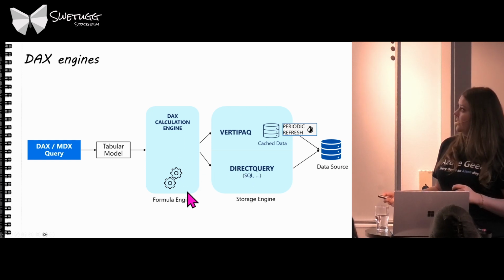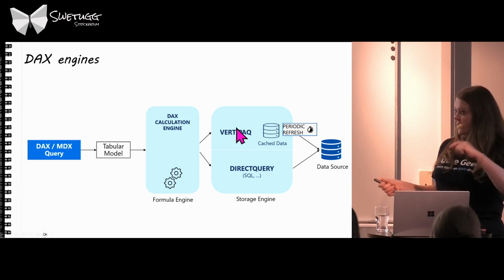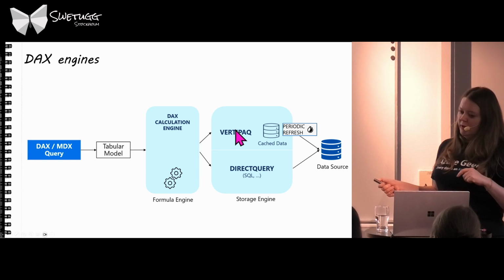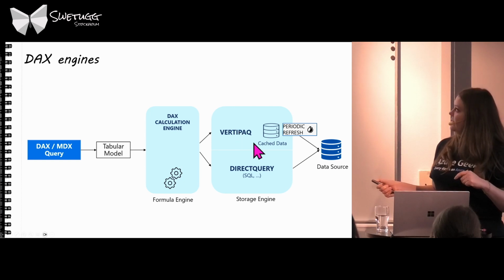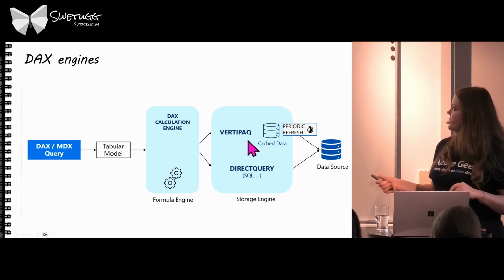The formula engine can do calculations, but it cannot retrieve data. The storage engine is responsible for retrieval of data. In the case of imported data, if the data is stored in the Power BI cache, then it retrieves data from this engine called VertiPaq. Funny word, but it's how it's called.